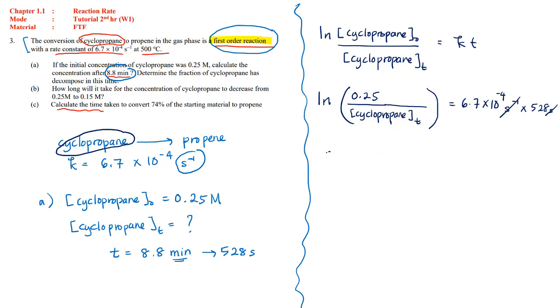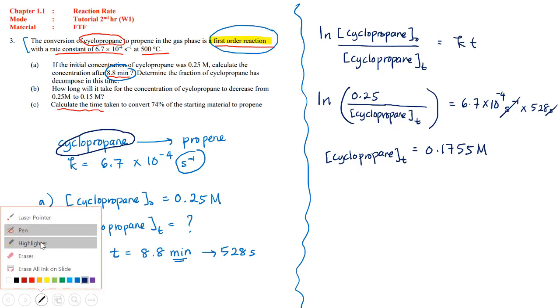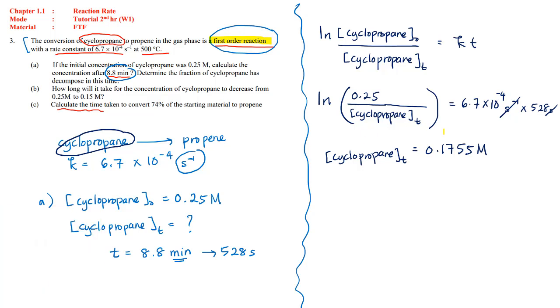Alright, selesaikan. You will get the concentration of cyclopropane after 8.8 minutes around 0.1755 molar. So this is the answer for the first question in question 3A.